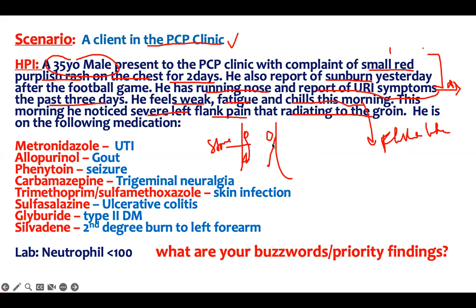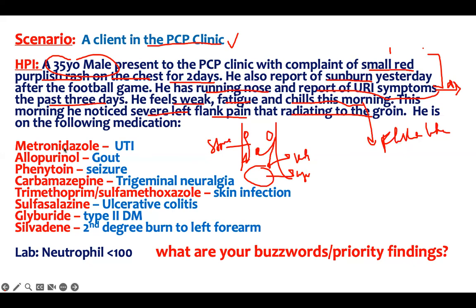If the pain goes to the umbilicus, this is pyelonephritis. If it goes into the groin, it's mostly a kidney stone. If you have pain that stays over here, it's cystitis in the bladder area. That's the difference you can distinguish.